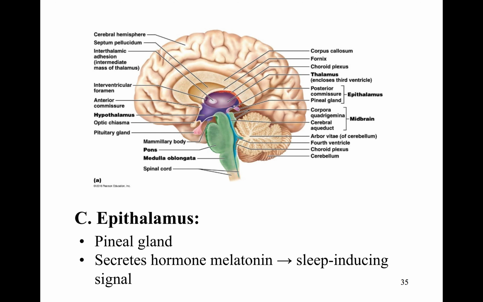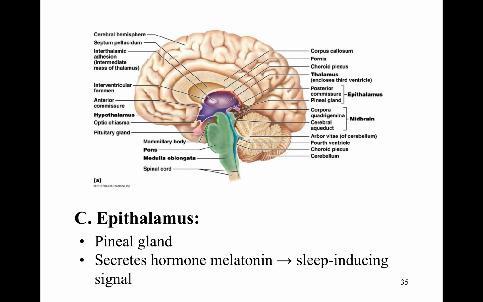The last part of the diencephalon is the epithalamus. The epithalamus is associated with the pineal gland, and the pineal gland functions to secrete a hormone called melatonin. So one of the major functions of the epithalamus is to secrete melatonin from the pineal gland.